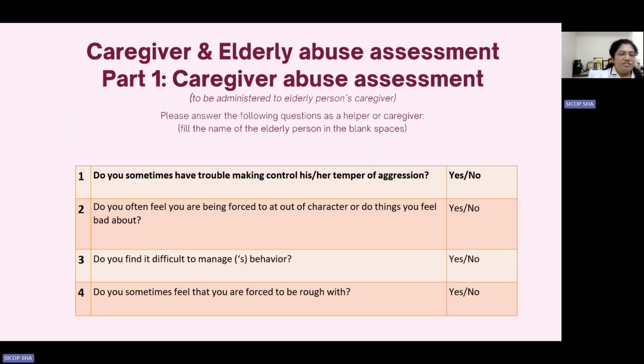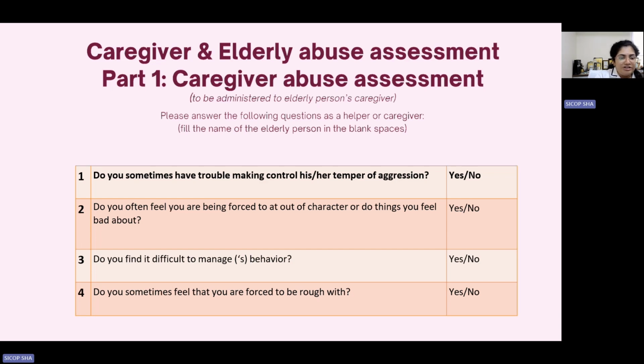Caregiver and elderly abuse assessment, part 1, caregiver abuse assessment. If there is any abuse by the caregiver, please answer the following questions as helper or caregiver, filling the name of the elder person in the blank spaces. Do you sometimes have trouble controlling your temper or aggression? The caregiver will be answering this, yes or no. Do you often feel you are being forced to act out of character, or do things you feel bad about?